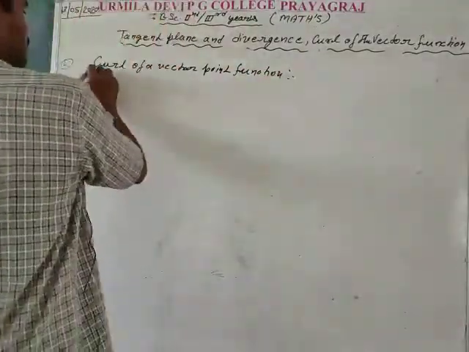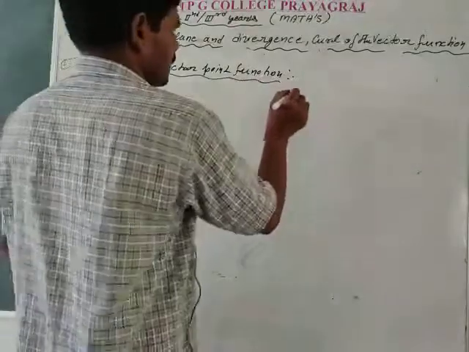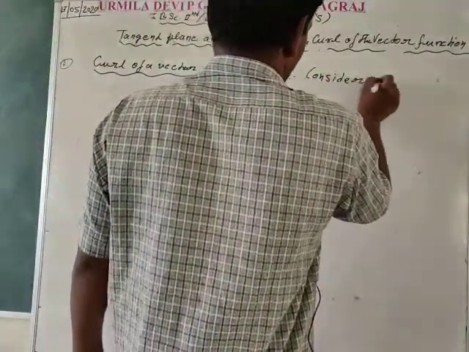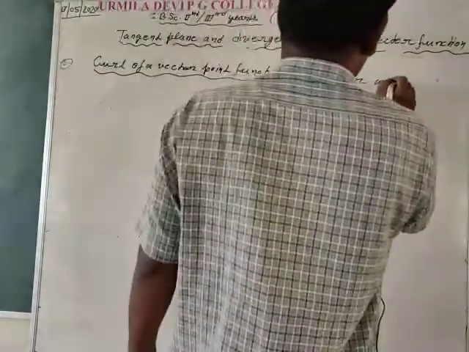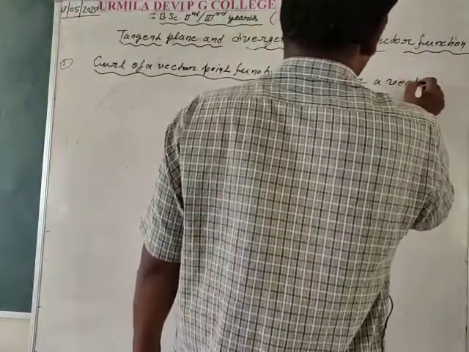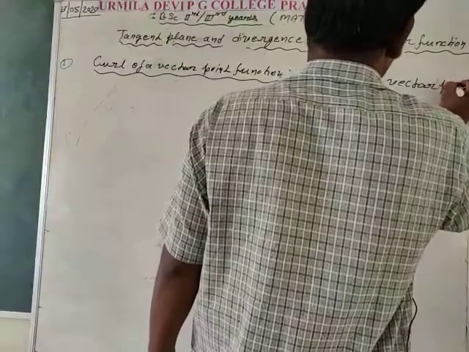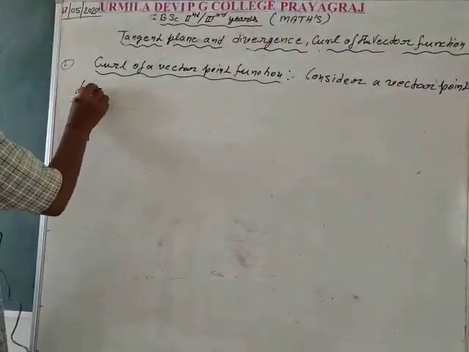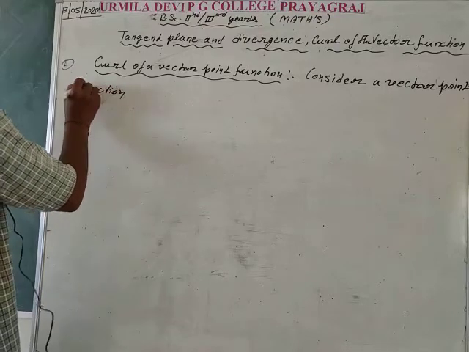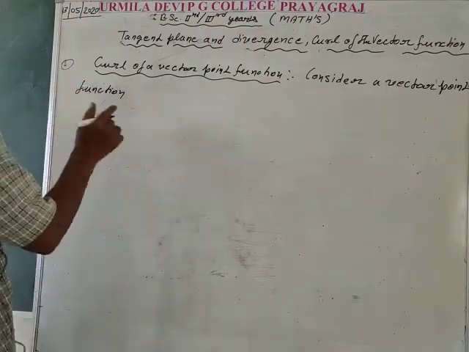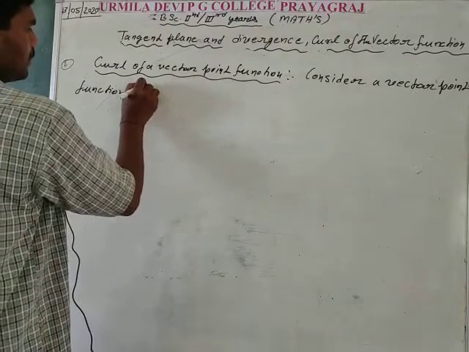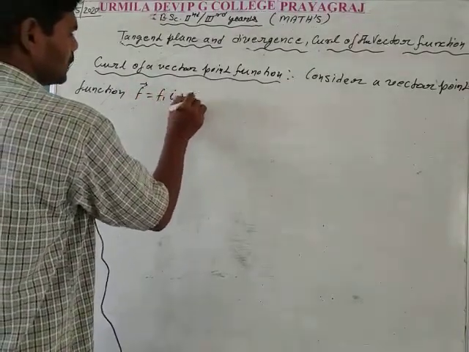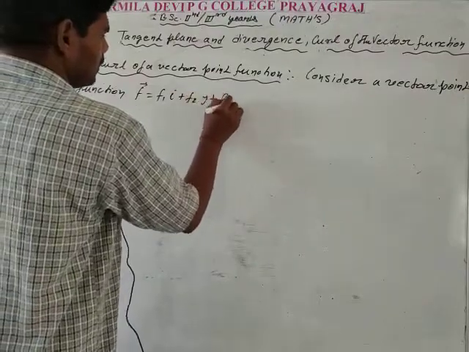Consider a vector point function F, suppose that F is equal to f1 i, f2 j, f3 k.